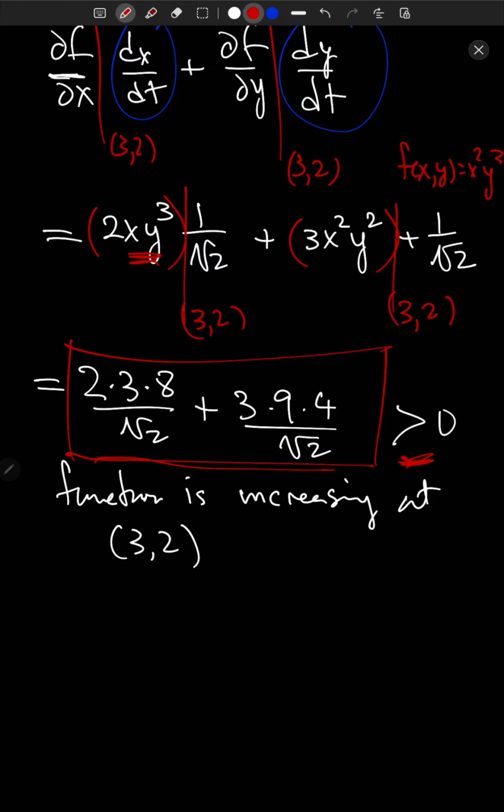If it's a very big positive number, we're walking very steeply uphill. If it's small and positive, the hill's not very steep. If it's negative, we're going downhill. If it's very big and very negative, we're going downhill really fast, maybe like a cliff.